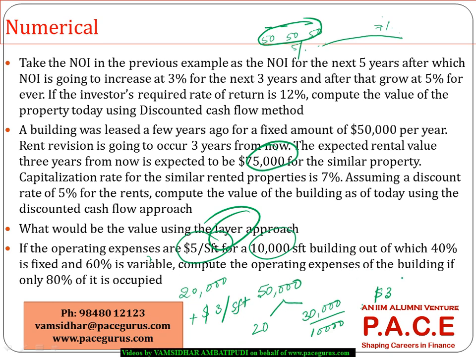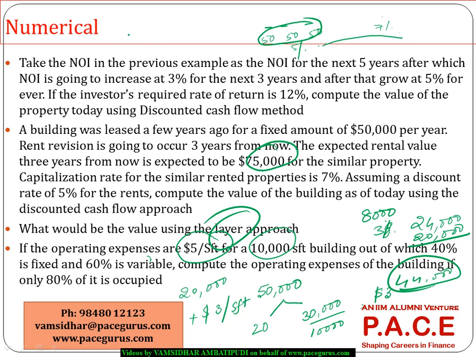Compute the operating expenses of the building if only 80% is occupied. 80% is occupied means only 8,000 SFT is being occupied. $3 per SFT, so 24,000 is the variable expense, 20,000 is the fixed expense. So it works out to 44,000 as the operating expenses, not 50,000. So that is one more thing that needs to be worked out.